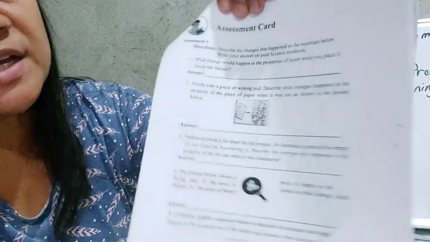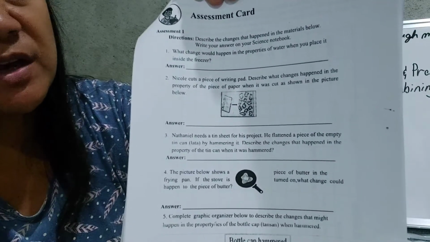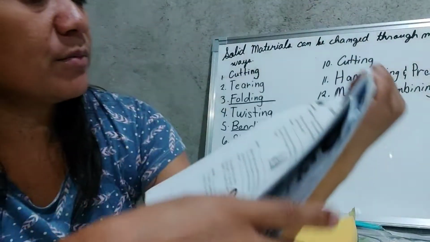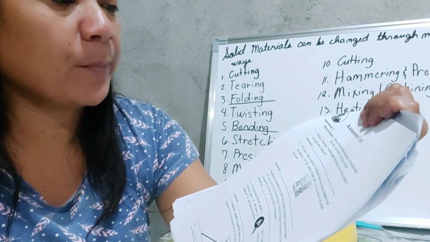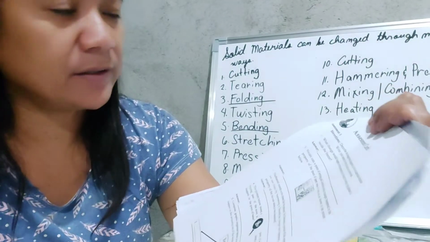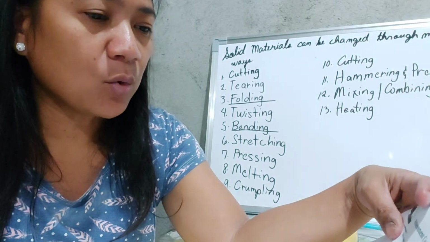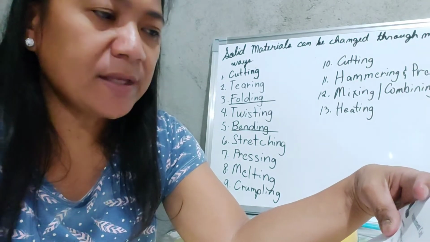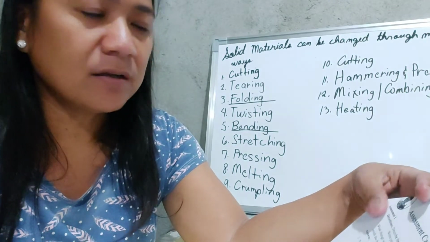On the assessment card, parang experimentation din po sila na gagawin natin. So, number 1, we have what change would happen into the properties of water when you place it inside the freezer. So, binigyan ko na po itong example kanina. Kung yung tubig ilalagay natin sa loob ng freezer, anong mangyayari?